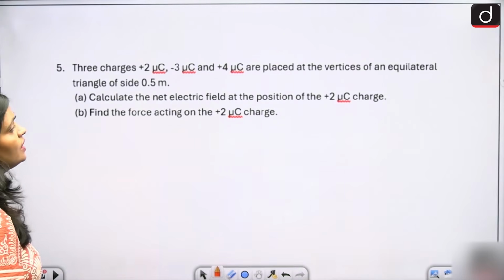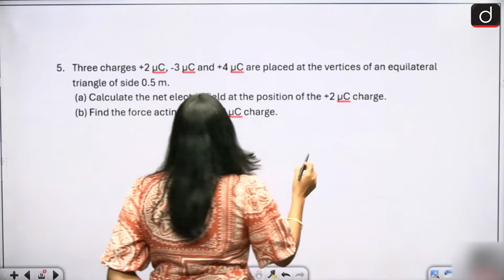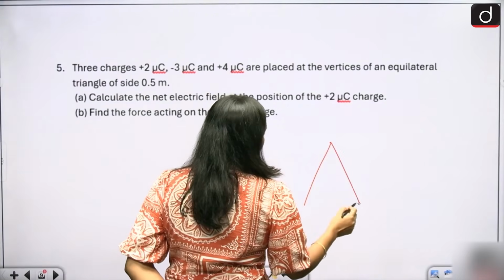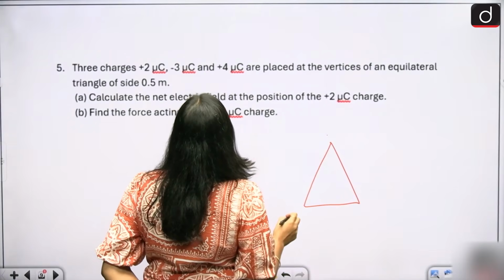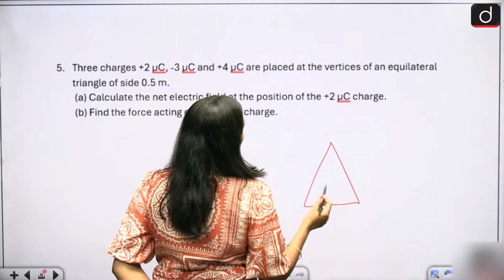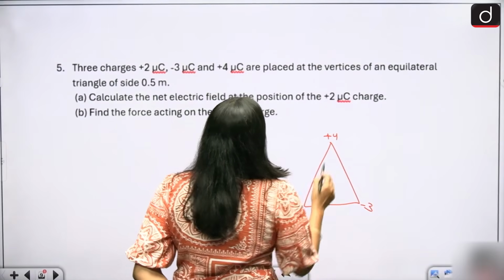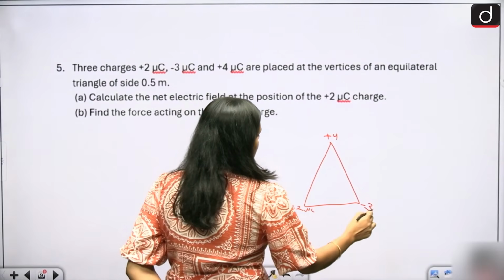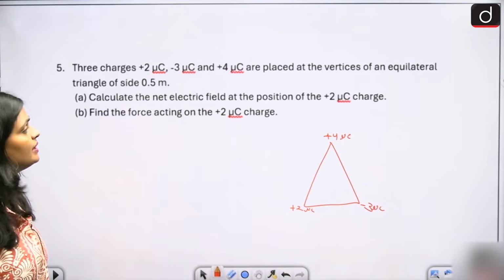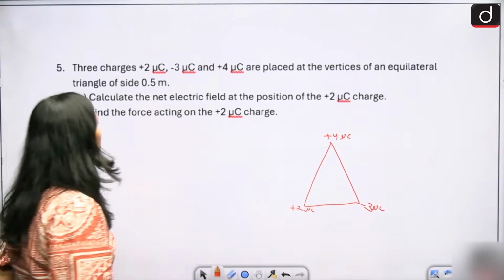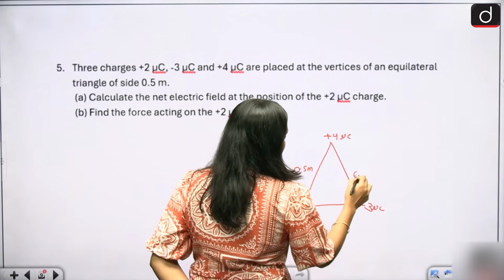Three charges are placed at the vertices of an equilateral triangle of side 0.5 meter. So here you have a triangle and the vertices having +2, -3 and +4 mu c. Micro Coulomb will be the charge and they all are separated 0.5 meter.